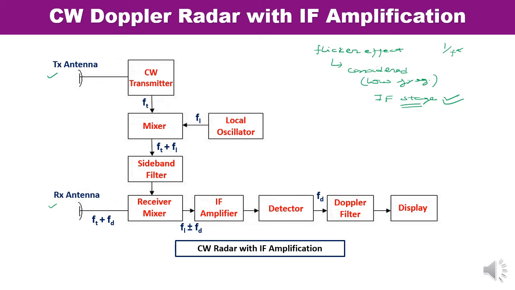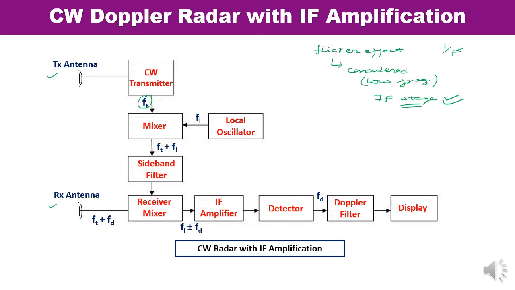Now you can see in this block diagram, the CW transmitter transmits the signal from the transmitting antenna, and the reflected energy is received by the receiving antenna. Simultaneously, a small portion of the transmitter output, FT, is mixed with the output of a local oscillator.